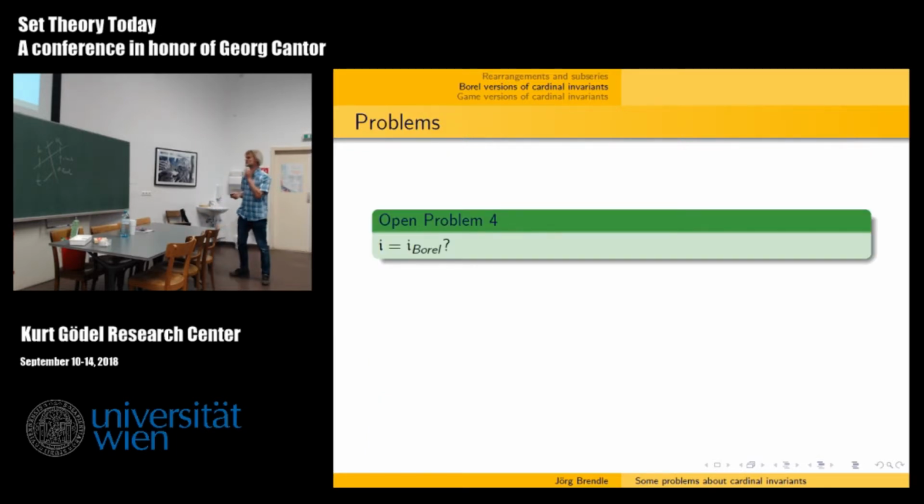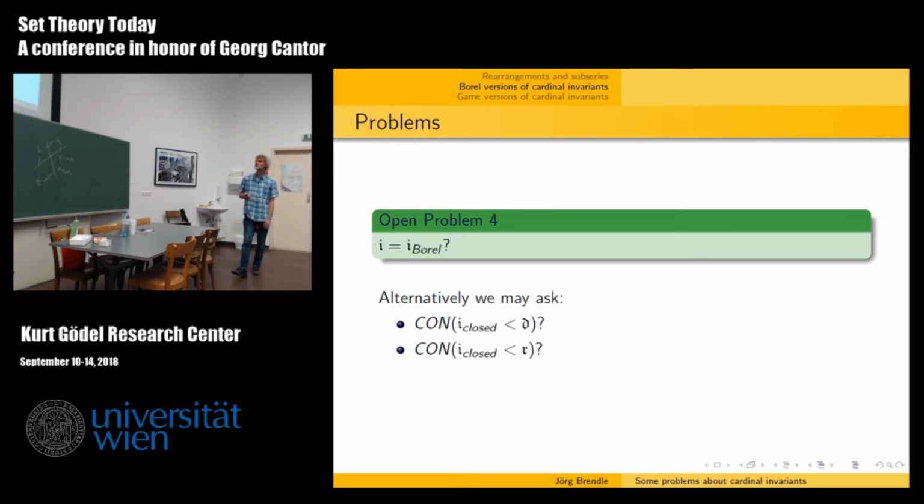Okay, so what's the question? The question, of course, is whether these three cardinals, I, I closed and I Borel, are simply equal. And alternatively, you may ask whether it's consistent that I closed is less than D, or less than R, or less than non-meager.